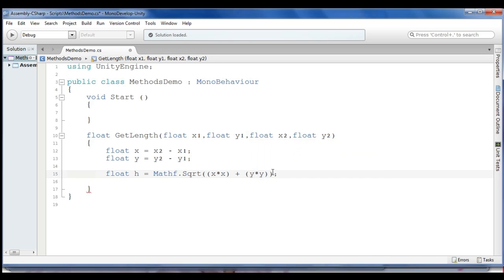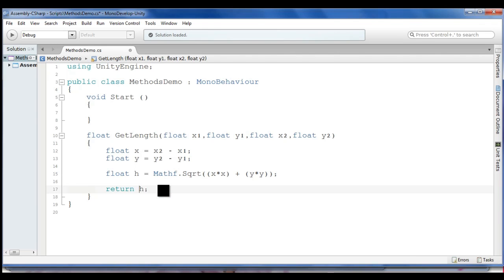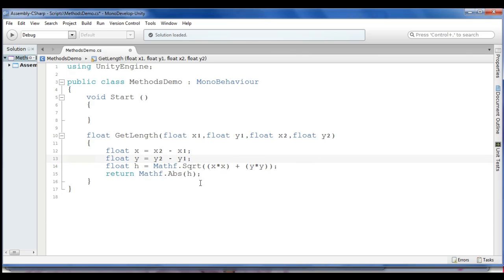We can write like this, right? x square plus y square, Mathf square root. Okay, simple. Then we are going to return that h, or we can say here Mathf.Abs of h. That's much better, right? So that is our length.